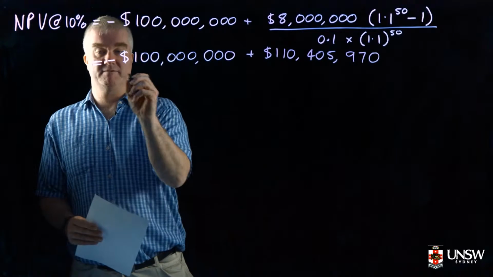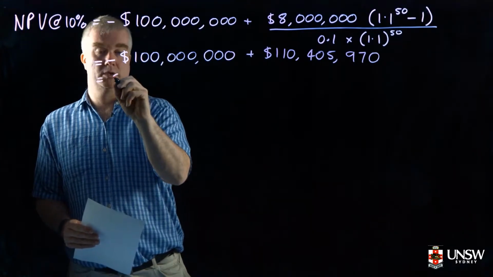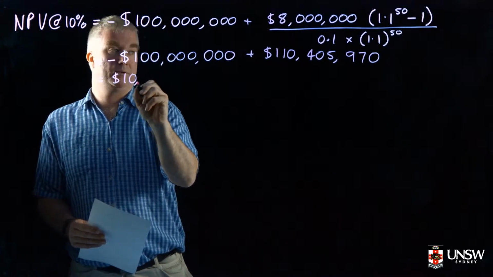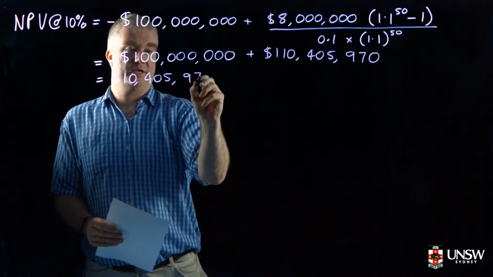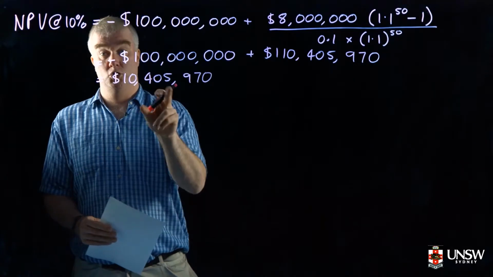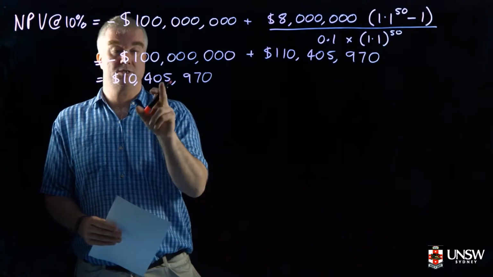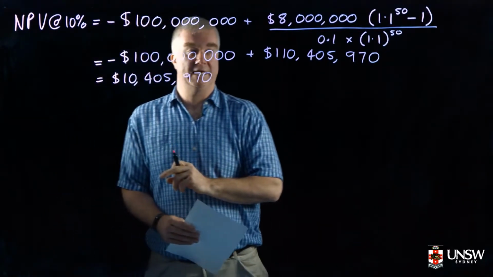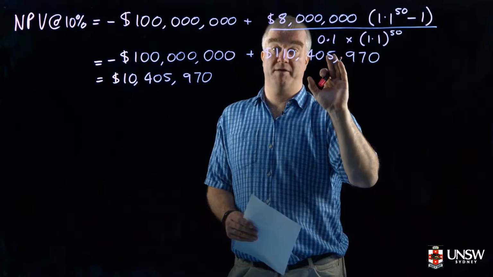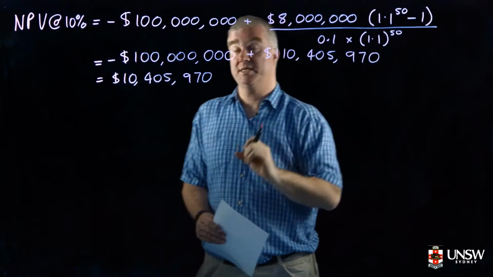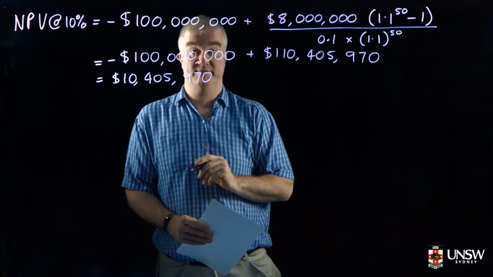So the total net present value will be equal to $10,405,970. Too high. That means that our benefits are too large. So in order to make our benefits smaller, we're going to need to use a larger discount rate.